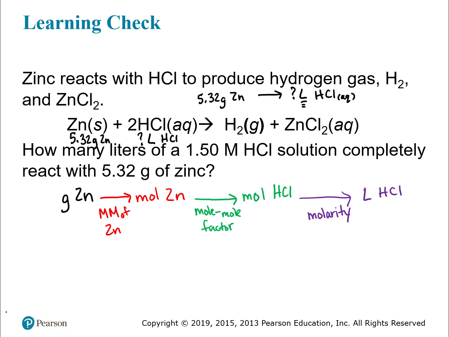Let's get started. Let's fill in some numbers. The molar mass of zinc, you're just going to get that from the periodic table. And I'll color code it so you can match it up.